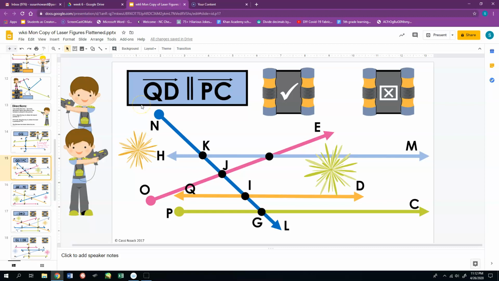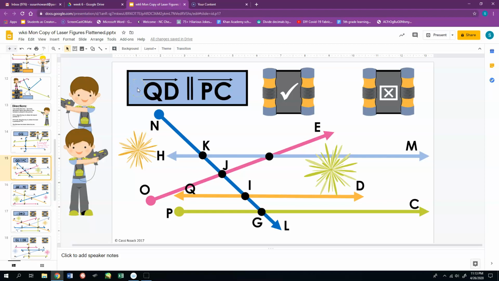We look in the blue box for this example. I'm looking for the geometric symbol, the QD. So I'm going to come down here and I see a line QD. And I see this one is asking me to find ray PC. And I see ray PC. Well, QD is not a ray.